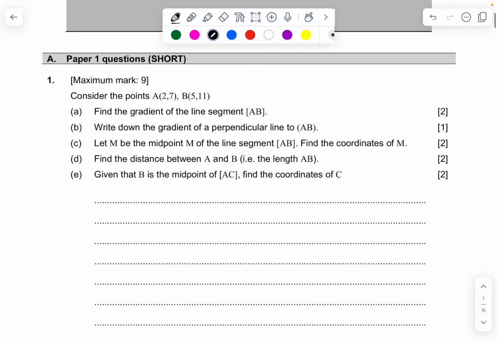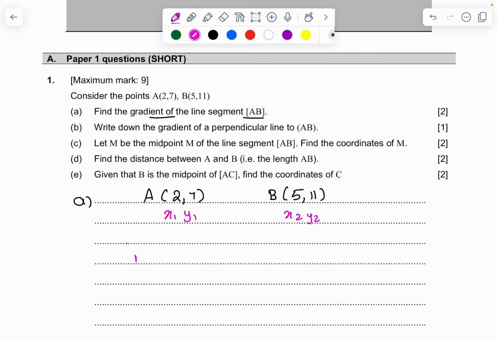Coming to question number 1. Find the gradient of the line segment AB. A is (2, 7) and B is (5, 11). So this point is x1, y1. This is x2, y2.